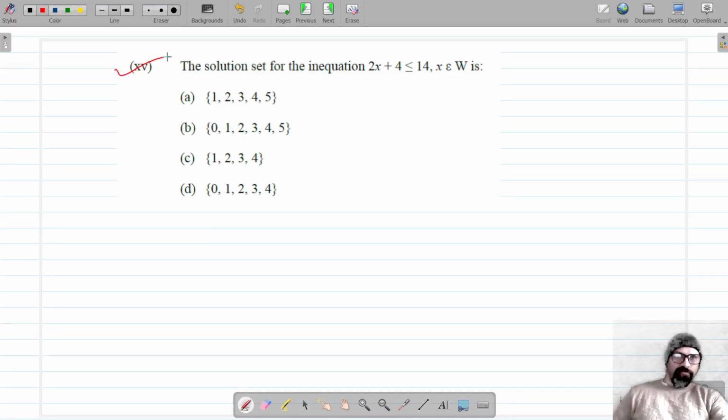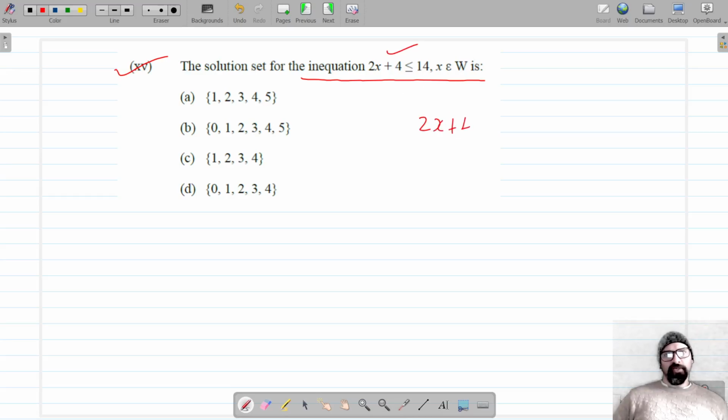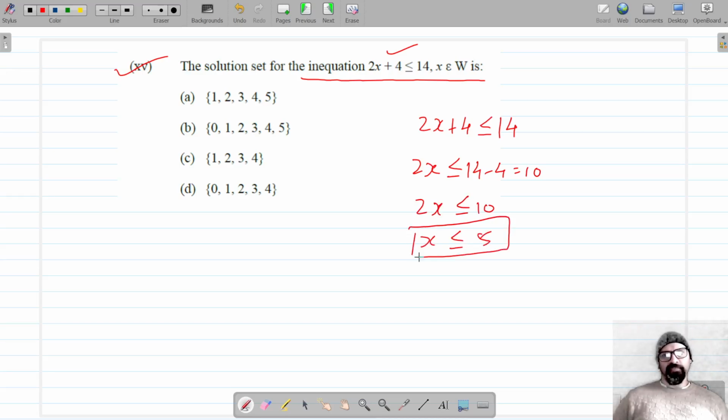Okay, for question number 15, it's given that the solution set for the equation 2x plus 4 is less than equal to 14, where x belongs to whole number, is. So let's solve this inequality. 2x plus 4 is less than equal to 14. So that means 2x is less than equal to 14 minus 4, which is 10. And 2x is less than equal to 10, so now x is less than equal to 5.